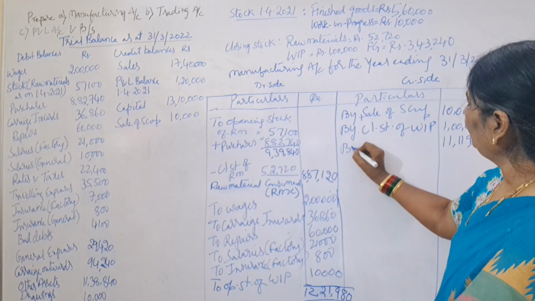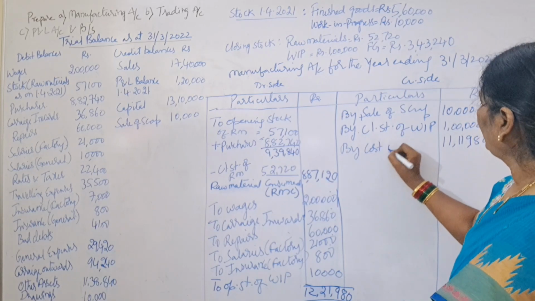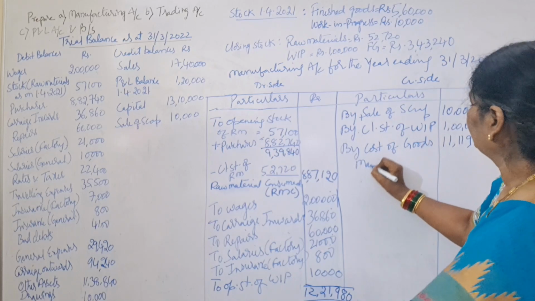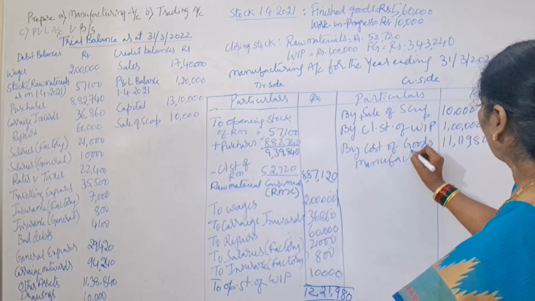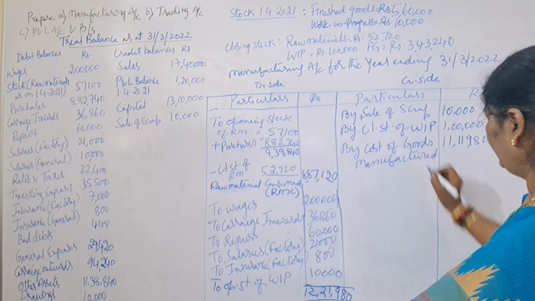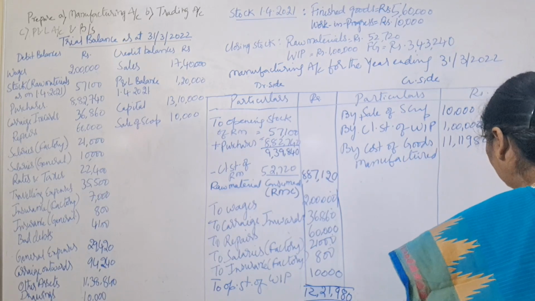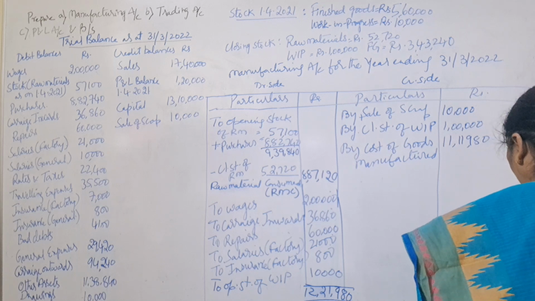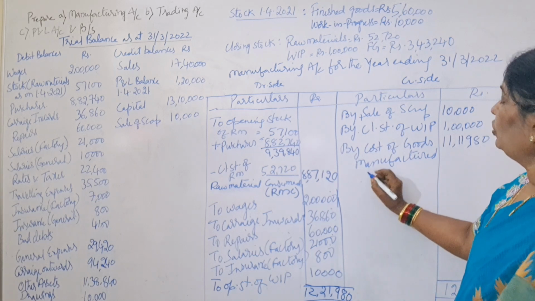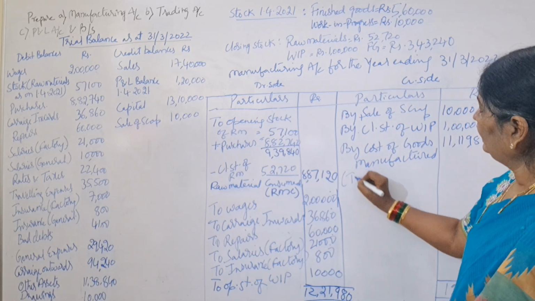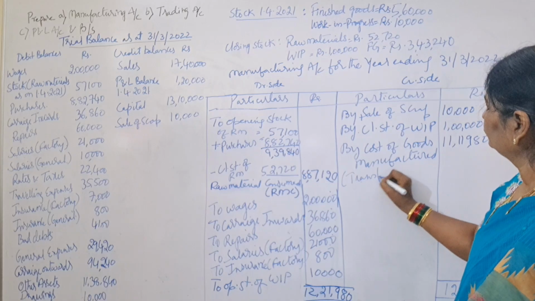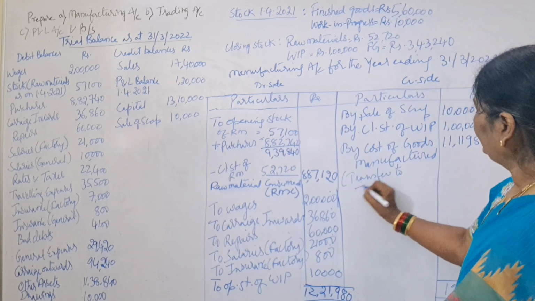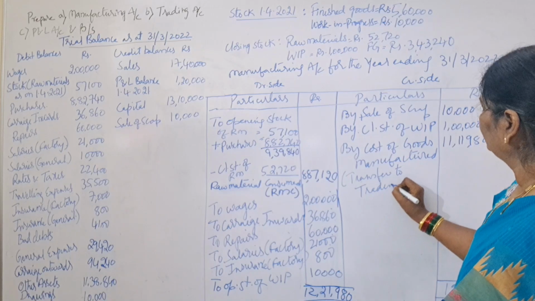So this is called what? By cost of goods manufactured. Here we will write total, so it is 12 lakhs 21,980. Where will you take this amount? This we will transfer to trading account.